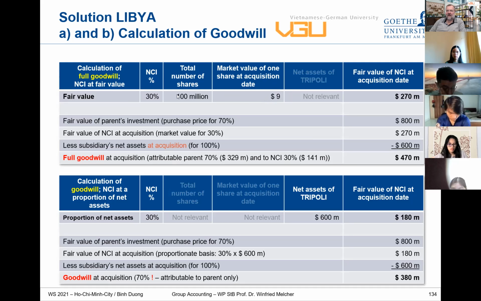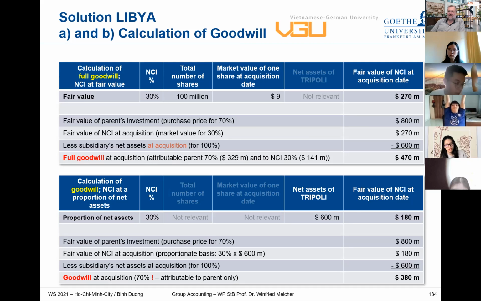So we know that the NCI, which is 30% of the shares, the total number is 100 million. So 30% of 100 million times 9 is a fair value for the non-controlling interests at acquisition date of 270 million. So that includes any goodwill that they would earn when they would sell their shares.